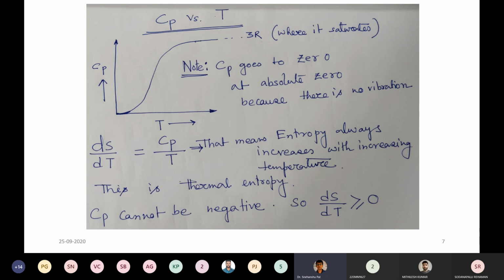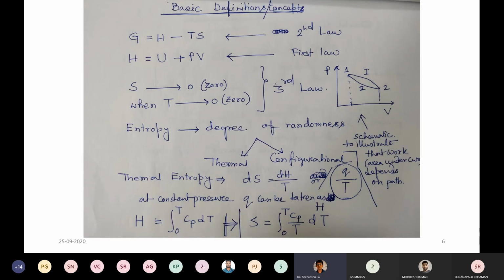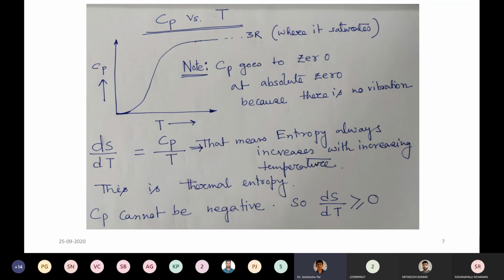If you are taking a pure material, there is no vibration, so Cp is not going to have any value at absolute 0. That's why the definition of absolute 0 also says that as T tends to 0, the entropy will be 0. Because how do you define entropy? If you go to the previous slide, the entropy is the integral from 0 to T of Cp by T dT. If Cp is 0, then entropy is also 0. So at 0 Kelvin, the entropy tends to 0.